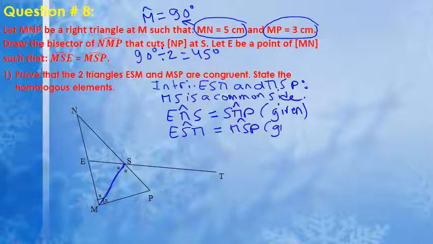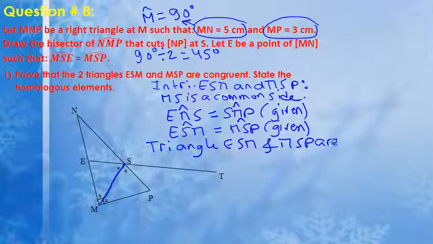These two angles are equal also by given. Now we can say that triangles ESM and MSP are congruent by ASA.